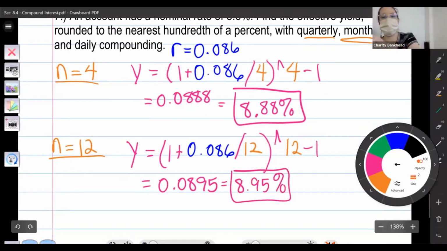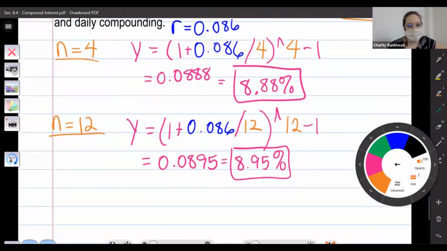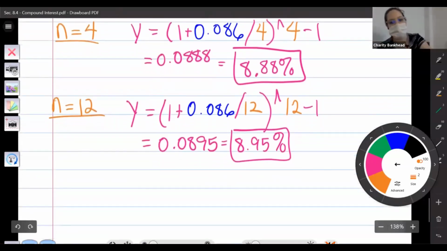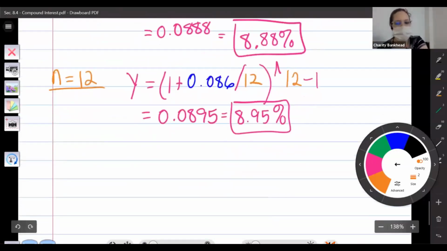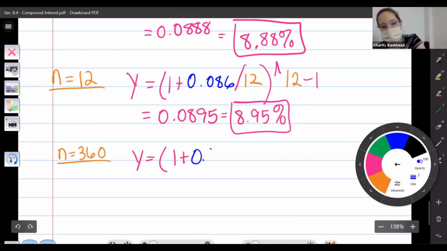And then next for daily compounding, we're going to use n equals 360. So y equals, open parentheses, 1 plus 0.086 divided by 360, close the parentheses, to the power of 360 minus 1.